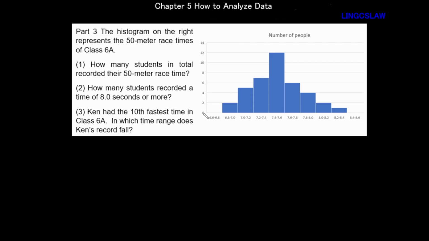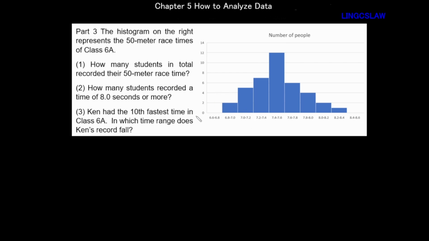These numbers 0, 2, 4, 6, 8, 10, 12, 14 are the number of people. And this slot 6.8 to 7.0 or 7.0 to 7.2 and so on is the time of the 50-meter race.